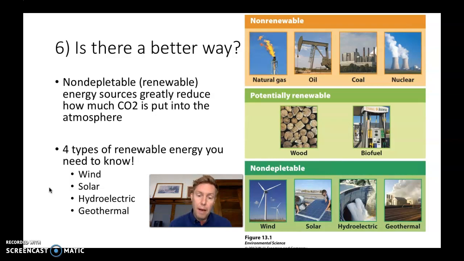However, the bottom ones you see, non-depletable, those are mainly non-depletable, or sometimes people say renewable: wind, solar, hydroelectric, geothermal. Once we have these systems set up, they continue making electricity for a really long time until the machines kind of break down, then need to be repaired.